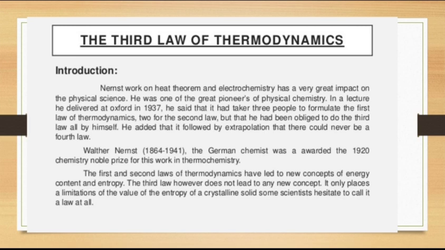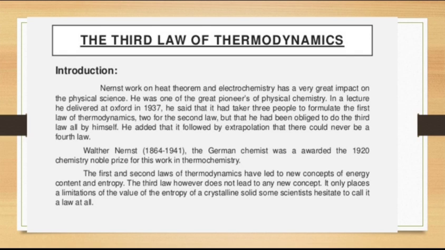So, the introduction of the third law of thermodynamics. The scientist Nernst's work on the heat theorem and electrochemistry had a very great impact on the physical sciences, and he was one of the great pioneers of physical chemistry.